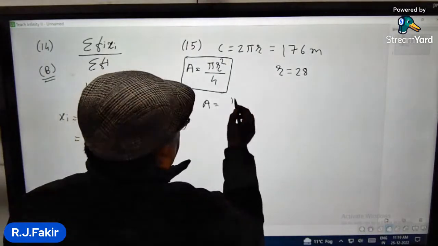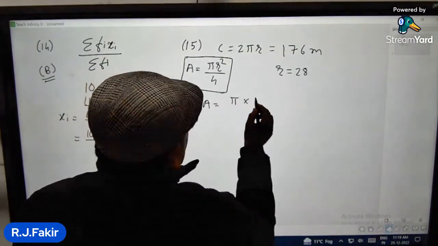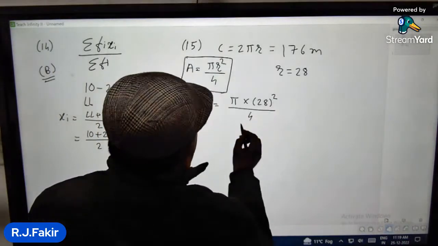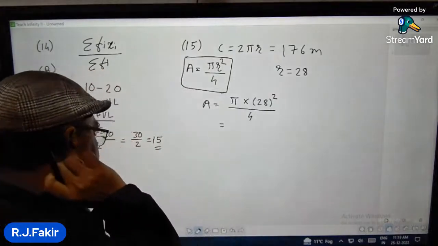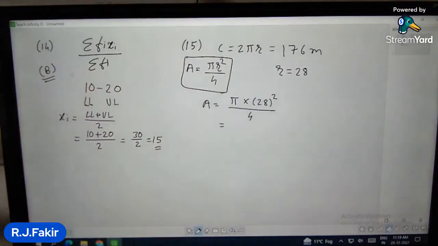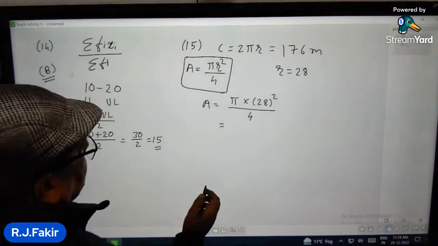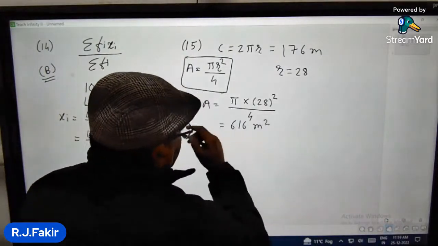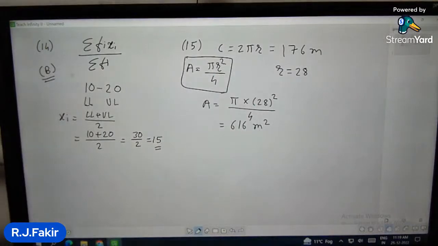That will be pi into square of 28, and this divided by 4. This value comes to be 616 meters square. And if you look for that option, the option is C.